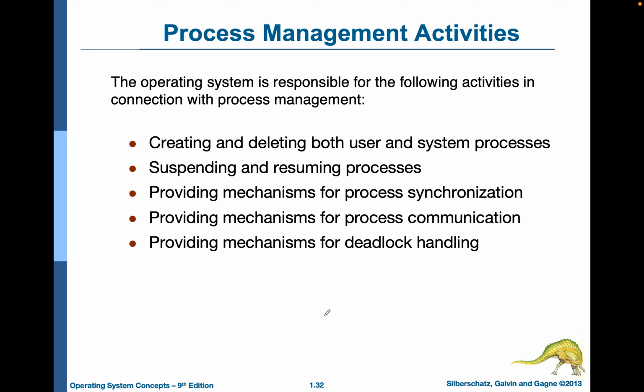There are several activities: first, creating and deleting both user and system processes, suspending and resuming processes, providing mechanisms for process synchronization, providing mechanisms for process communication, and providing mechanisms for deadlock handling. Okay, so these are the process management activities.